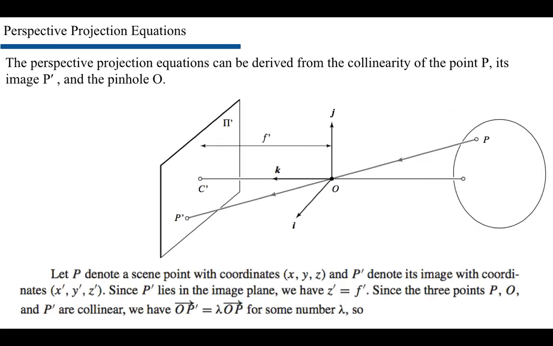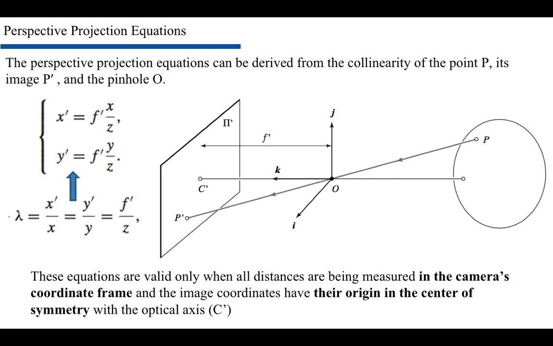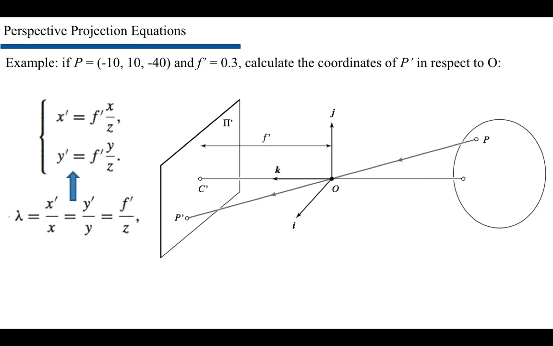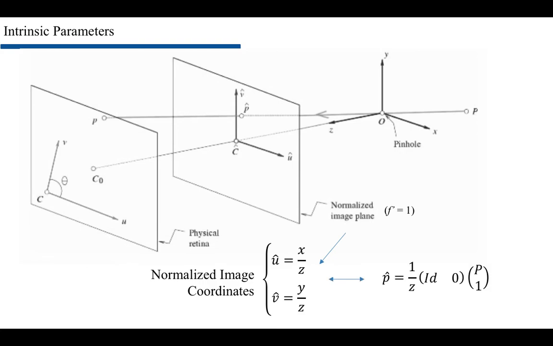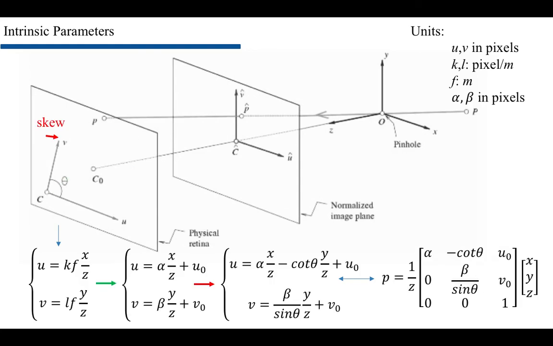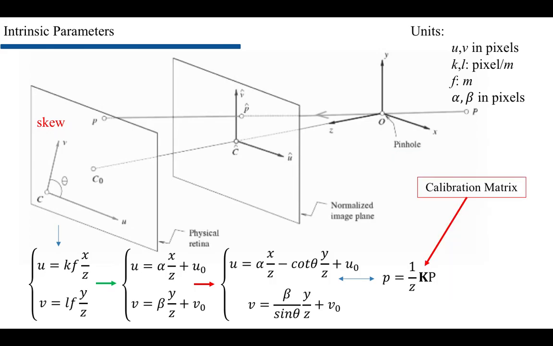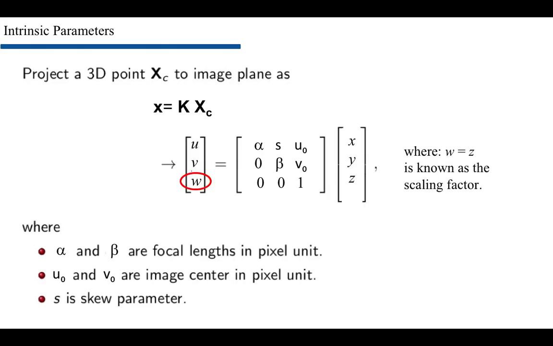We derived projection equations that are quite simple between the points in the camera frame and the points in the image plane. We made some examples. We talked about the normalized image plane, the physical retina and the final way of calculating the points, and about intrinsic and extrinsic parameters.